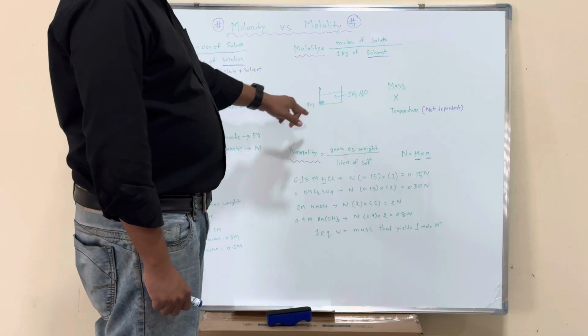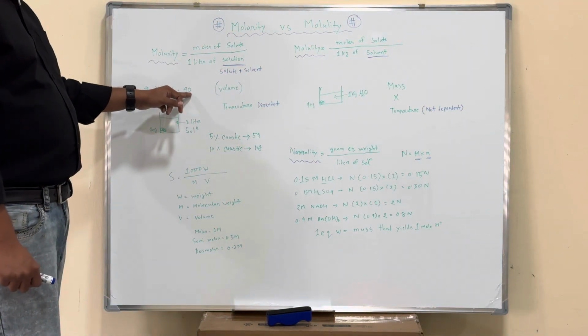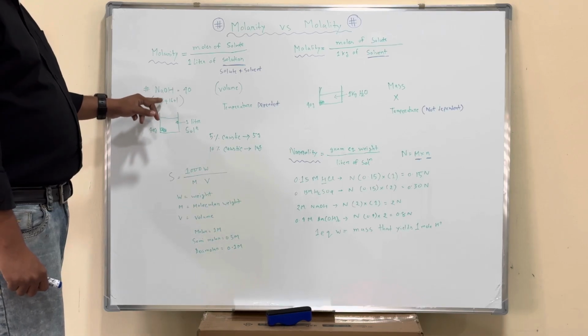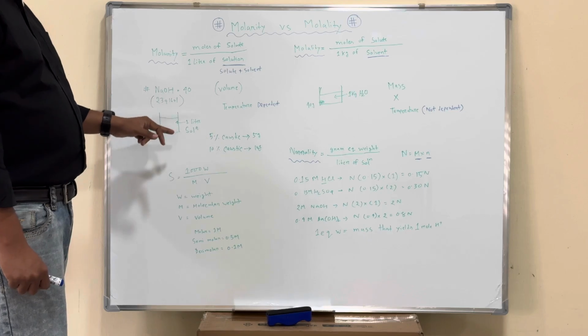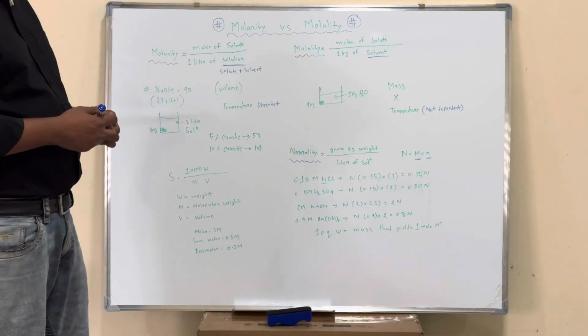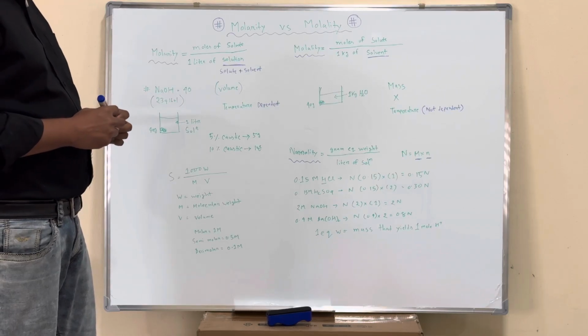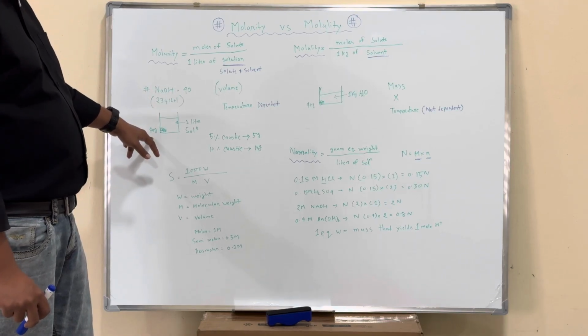For example, caustic soda: the atomic mass, sodium is 23, oxygen 16, hydrogen 1, total 40. So if someone says make a 1 molar caustic solution, 1 molar means you will need 40 gram.